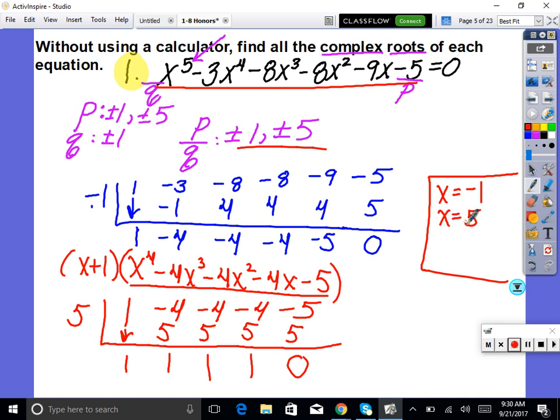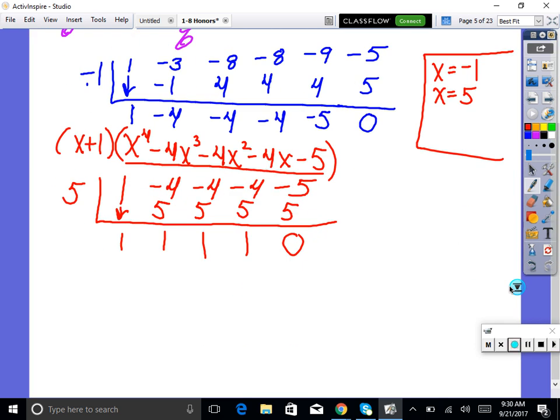X equals 5. Now you have to understand what you just did. You just said that this piece factored too. So we already had our x plus 1, didn't we? Then didn't we now have an x minus 5? Because didn't this piece factor to be x minus 5 times this new polynomial here? So this is x to the degree 4 divided by something linear is degree 3, right?